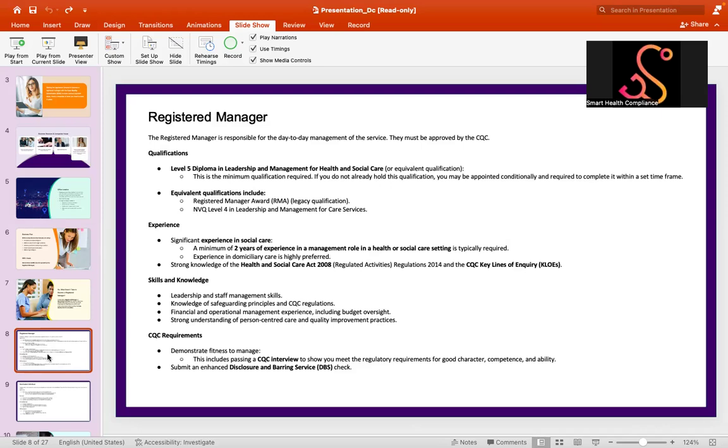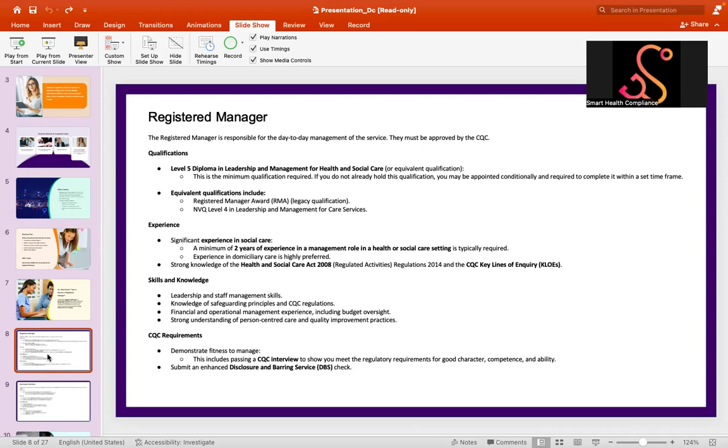So that's absolutely fine. Some of the other experience that the CQC would expect you to have would be some experience in management in a role of health and social care. So it's typically required. Experience in domiciliary care would be highly preferred, naturally, because you'd understand what it takes or what needs to be delivered within that setting. And a really strong knowledge of the Health and Social Care Act and, of course, the key lines of inquiry when it comes to the CQC.